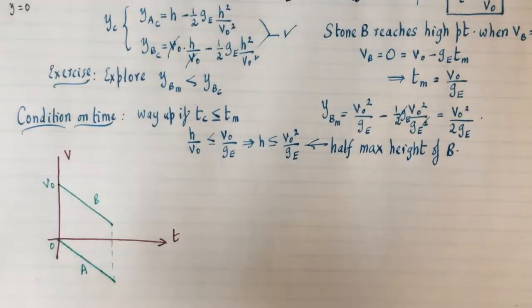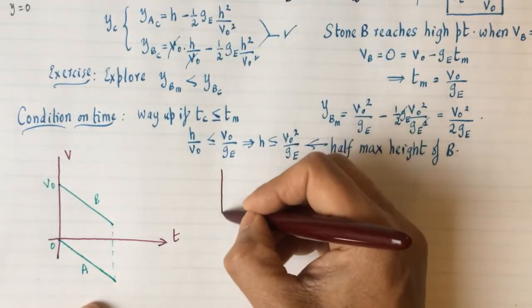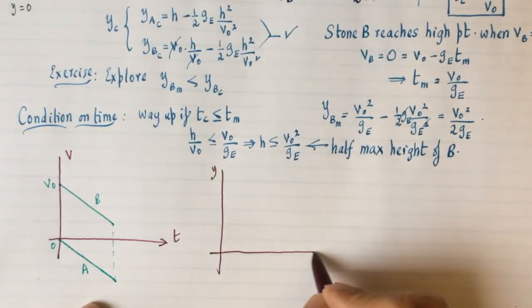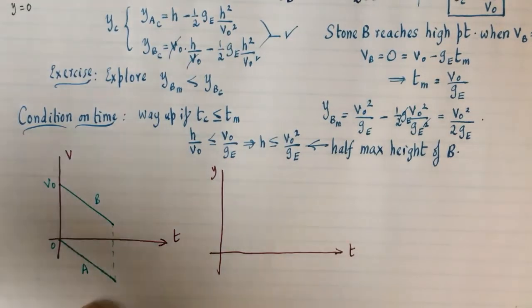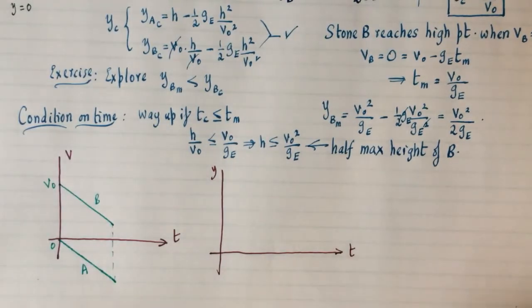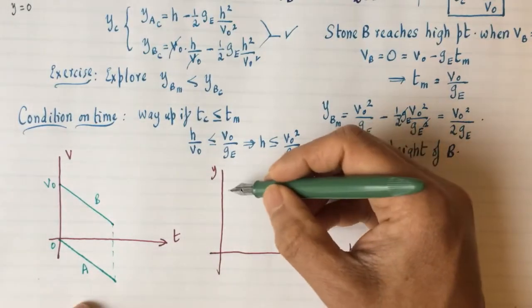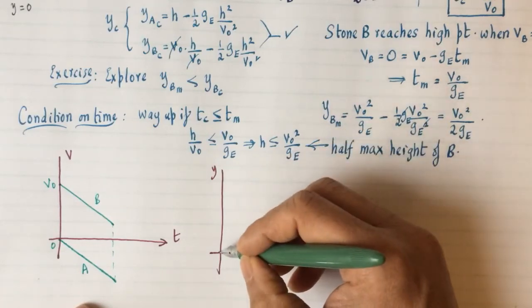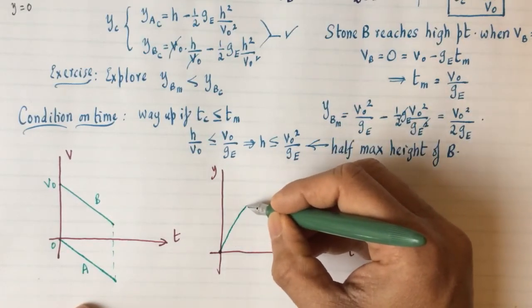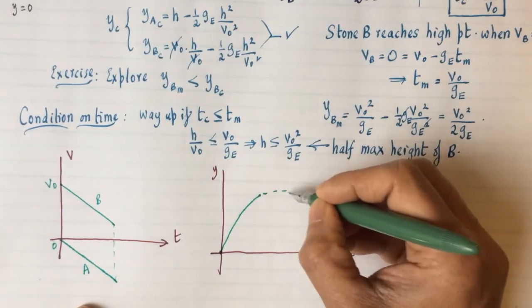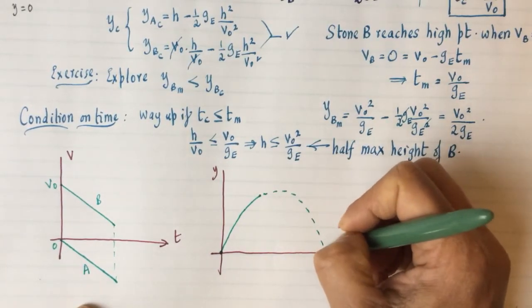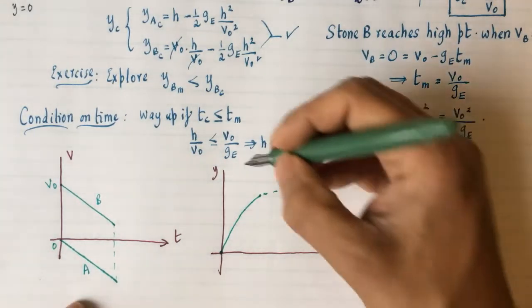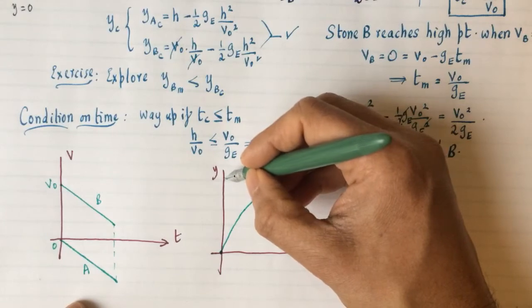Let's now draw the position versus time graph. Now, as you expect, you're going to get parabolas here. This is stone B actually, B is the one that arcs up, and then stone A is simply thrown down.